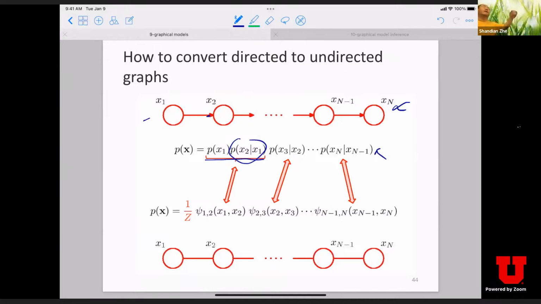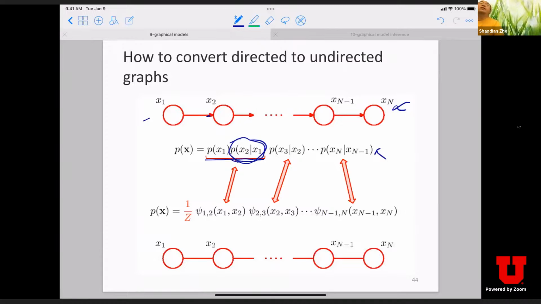You don't have any further split of that. So that means this term must be formed in a potential function. Then you should construct potential functions that subsume every conditional probability.